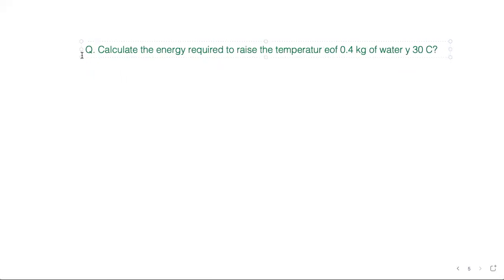50,400? Okay, let me see. So we have a heat capacity of 4200, and how much mass? 0.4, and the temperature increased by 30. So delta theta is equal to 30 this time, isn't it?